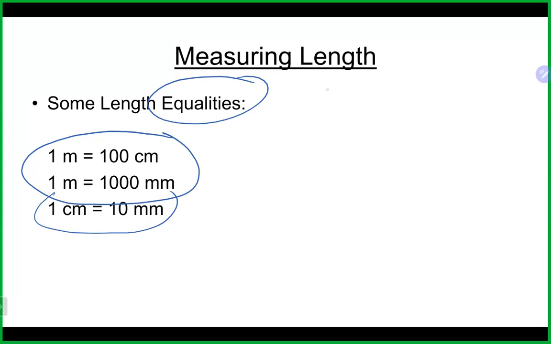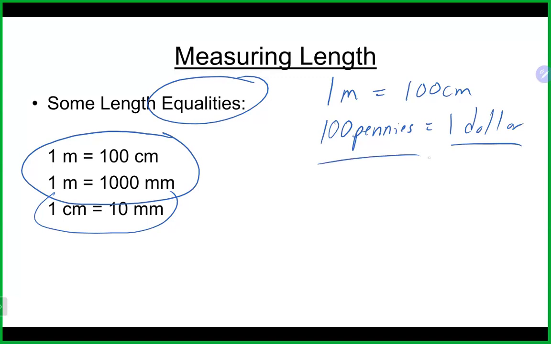So when we say we have 1 meter, that is the same as having 100 centimeters. Kind of the same idea if you had 100 pennies, that equals $1, right? They both represent the same amount of money. They're just on different units in terms of their scale.